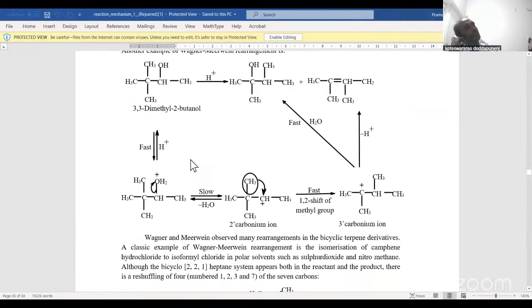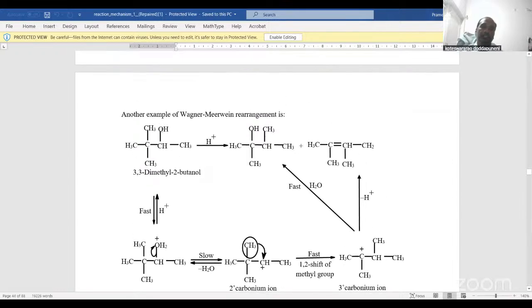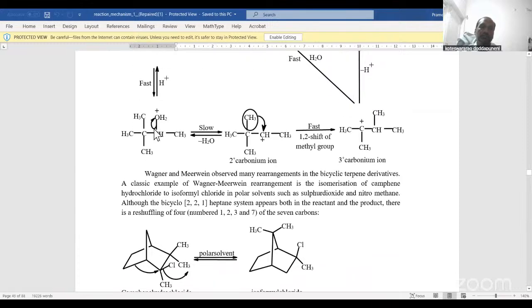3,3-dimethylbutanol in the presence of dilute acid leads to protonation of the OH group. That protonated OH group will be eliminated as water. Then that leads to the formation of a carbocation. This is the secondary carbocation.